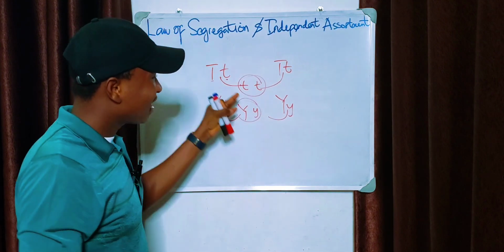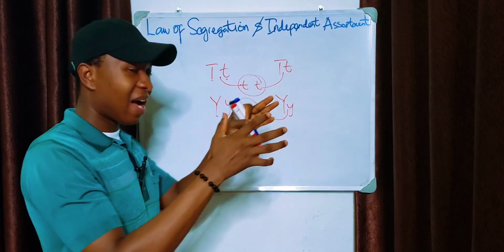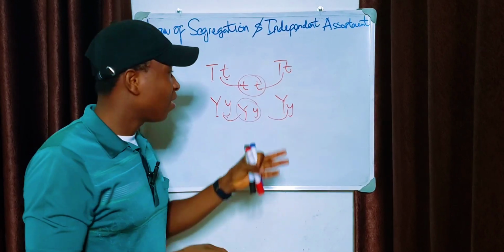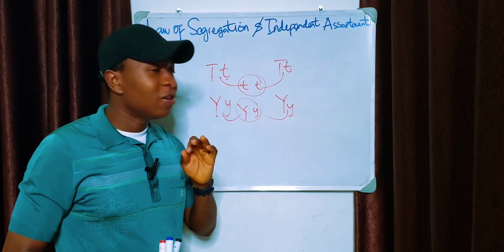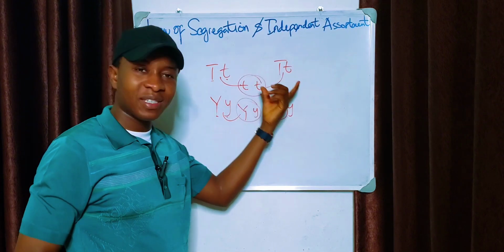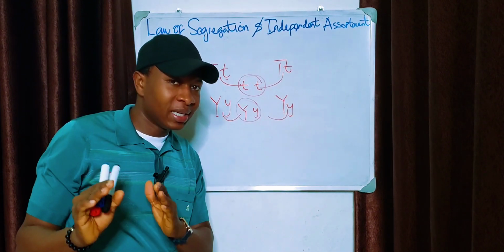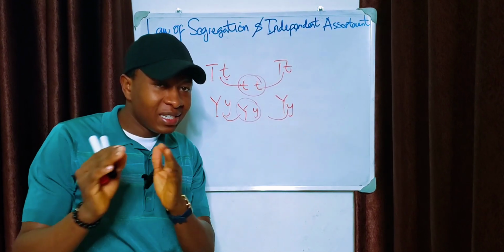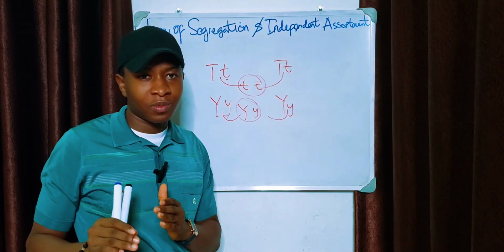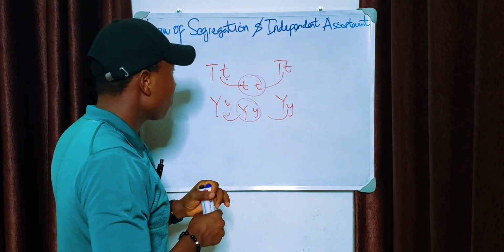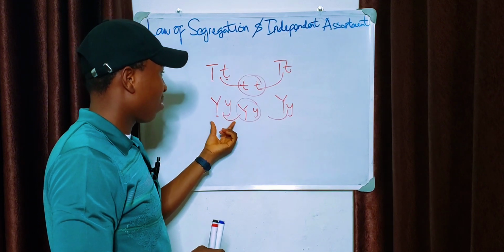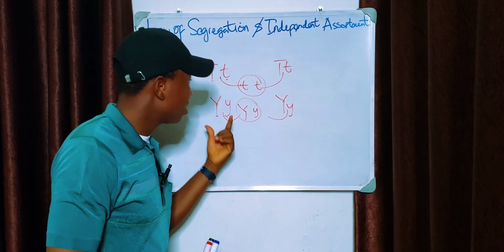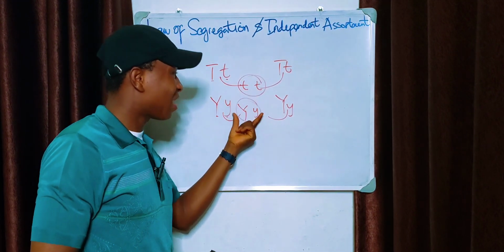They segregate, they arrange themselves independently of the other. That means the gene for eye color does not influence the gene for height. They stay on their lane. They are arranged properly. So because the man is tall and white here, does not mean that the offspring will be tall and white.